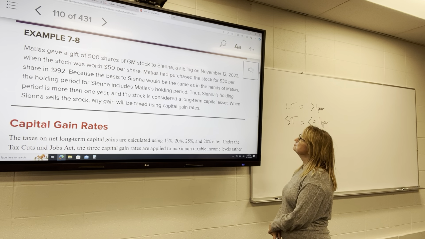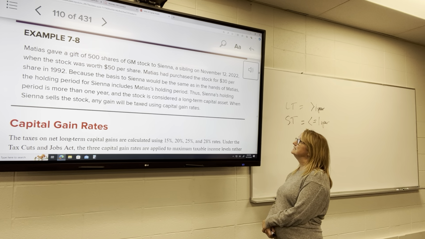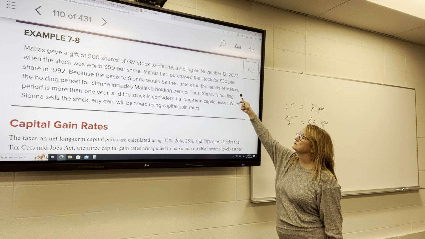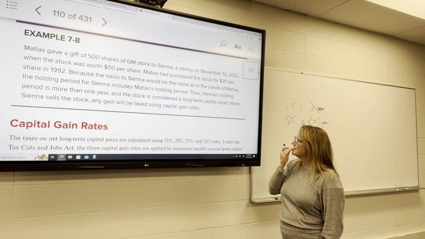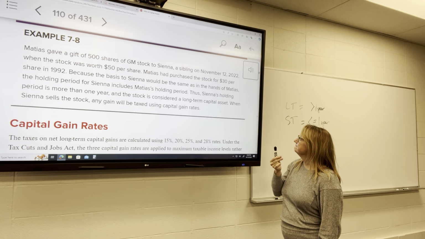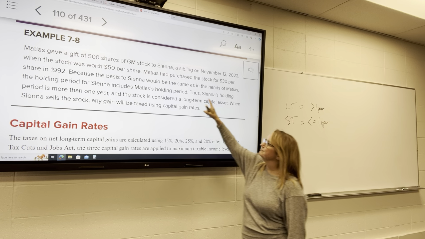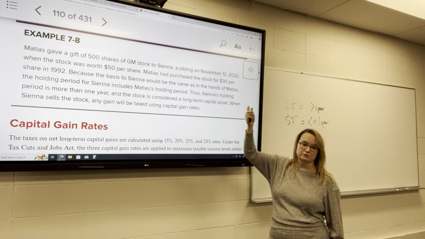Matthias had originally purchased the stock for $30 per share in 1992. Because it was a gift, Sienna's basis in the stock is still going to be $30 a share, and it's going to be a long-term holding period. If she inherited it, she'd get the $50 a share, and it would be long-term as well.